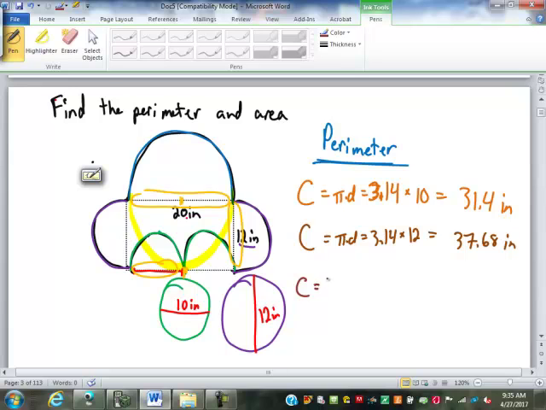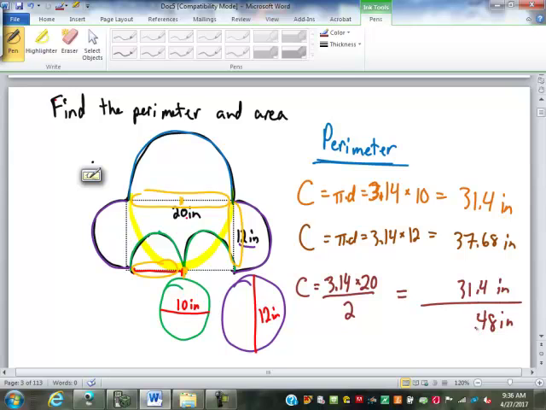That full circumference is going to be pi, so 3.14, times 20, because that's its diameter. But then we are going to divide it by 2. Why did we divide it by 2? Because we only have half the circle. So 3.14 times 20 divided by 2 is 31.4 inches.